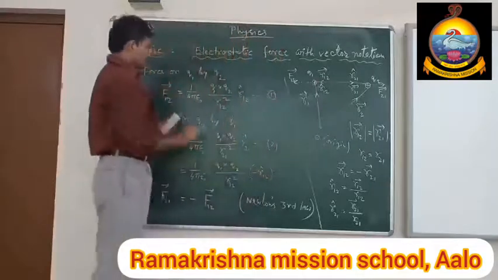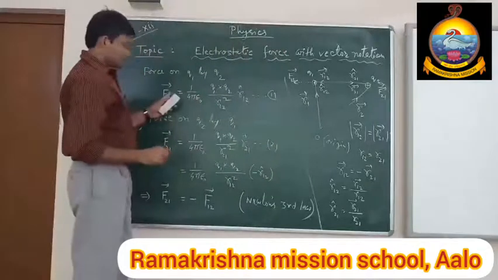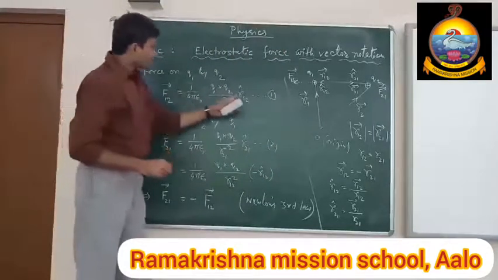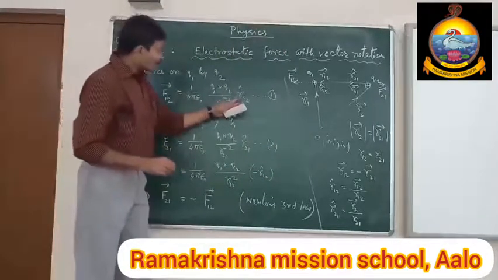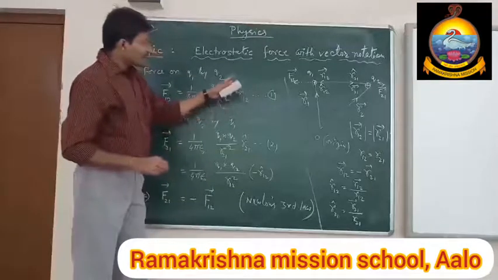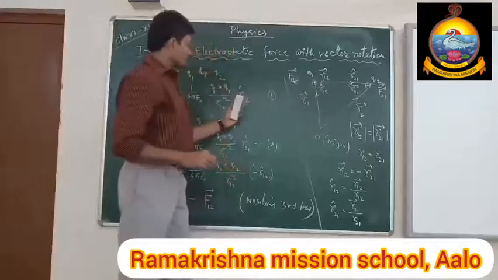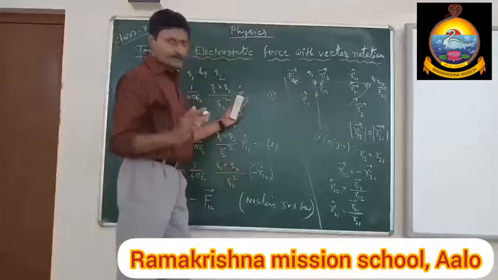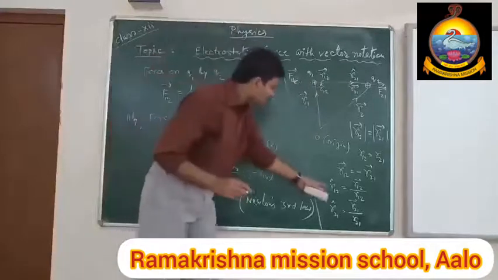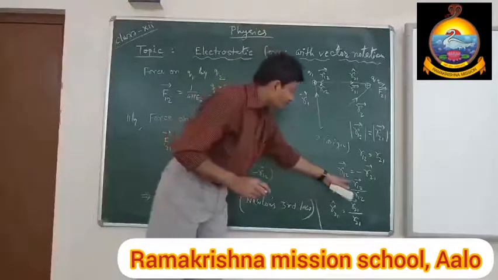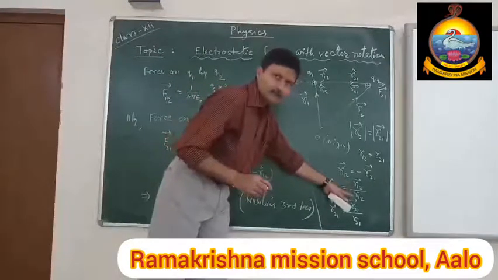Now, when we write the force with vector notation, we have to use direction also, and r12 cap is the direction of force from q2 to q1. So it only represents the direction. It is a unit vector, and unit vector r12 cap is equal to r12 vector divided by r12.